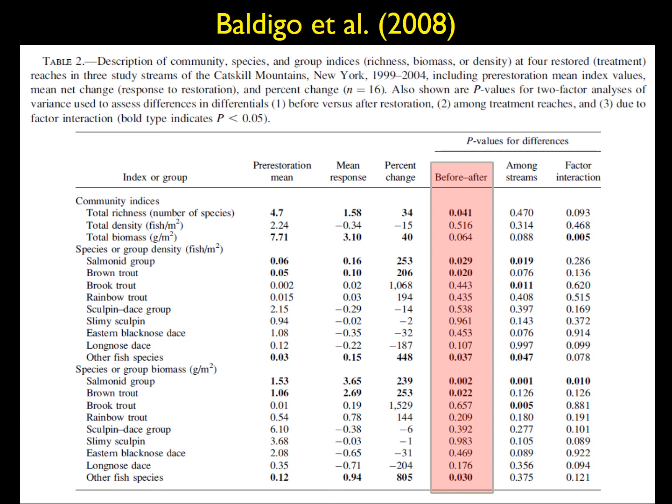And you'll notice this trend was particularly strong in that grouping below there with salmonids, so trouts, brown trout in particular. So it looks like in these particular instances in these streams, there was an increase, particularly in trout, after restoration.